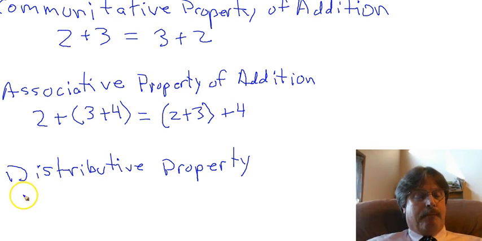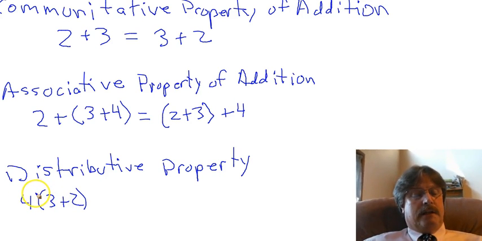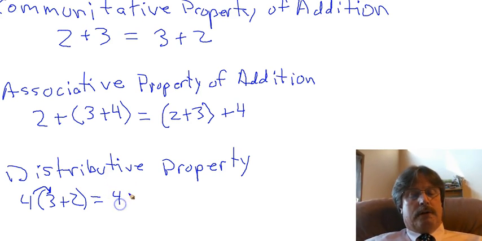So if I have this example of 4 times 3 plus 2, what that means is that when I simplify this, I'm going to take my 4 times 3, because remember this means to multiply. So if I rewrite that as another expression, 4 times 3, that's one group.